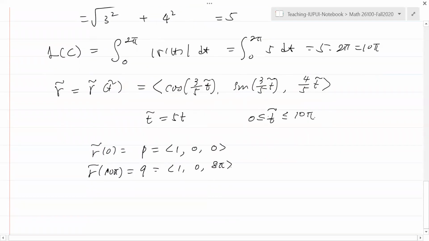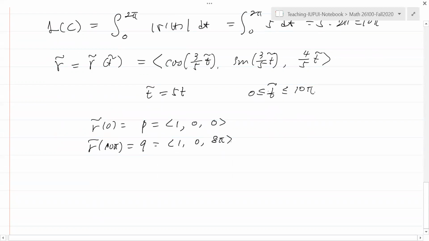So this is another vector equation, called a parametrization, for the same curve. Now, if T tilde is still viewed as time, then this moving object moves slower than the previous one, because it takes a longer time to reach the point Q. So let's look at the derivative.